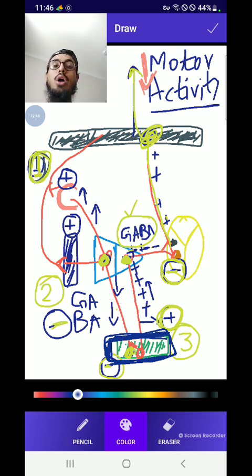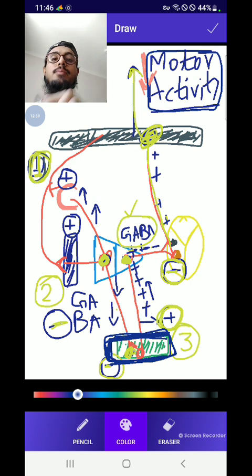Okay, so now I tell you the most important point, which is the clinical importance related to the indirect pathway. Okay guys, this inhibition of the motor activity, the exact function is to decrease unwanted motor activity, which my body does not want.